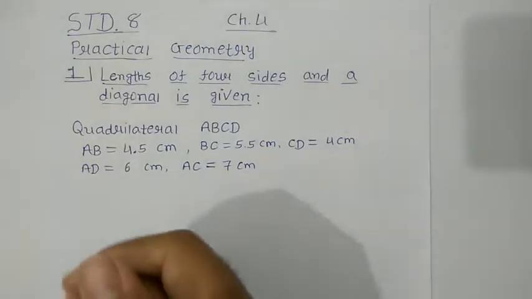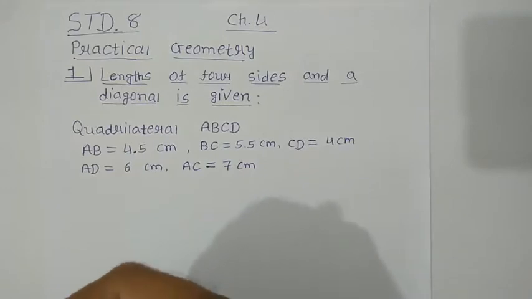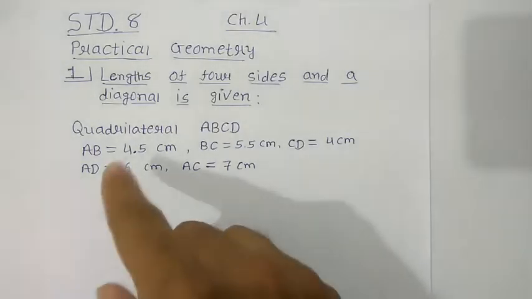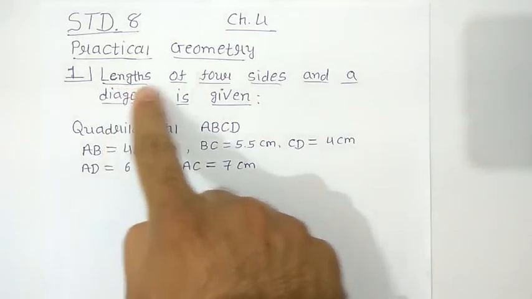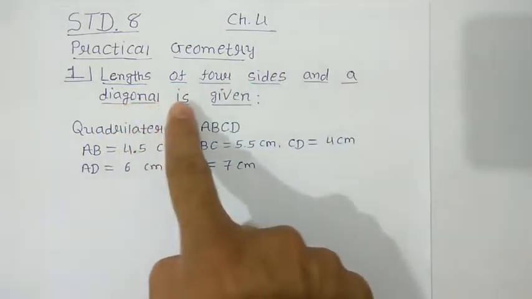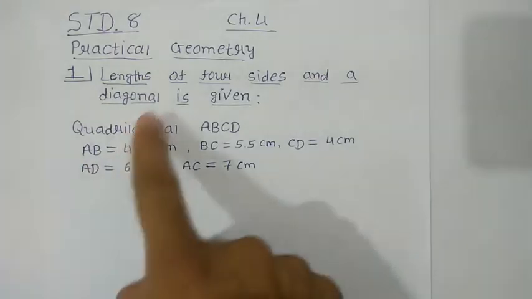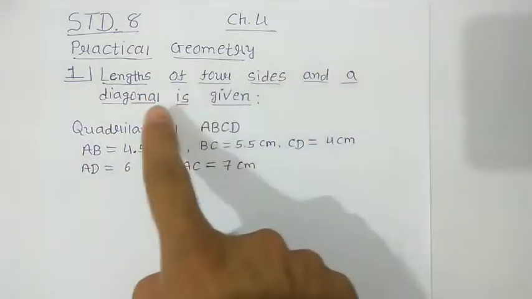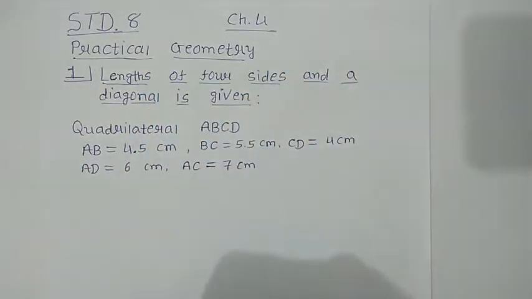Okay, so now we will start with the first type that is given in the textbook, which 5 measurements we have been given. So the very first type is if we have been given the lengths of 4 sides and a diagonal. If the lengths of the four sides and the diagonal are given, then how can we construct or draw a quadrilateral, that we have to study today.